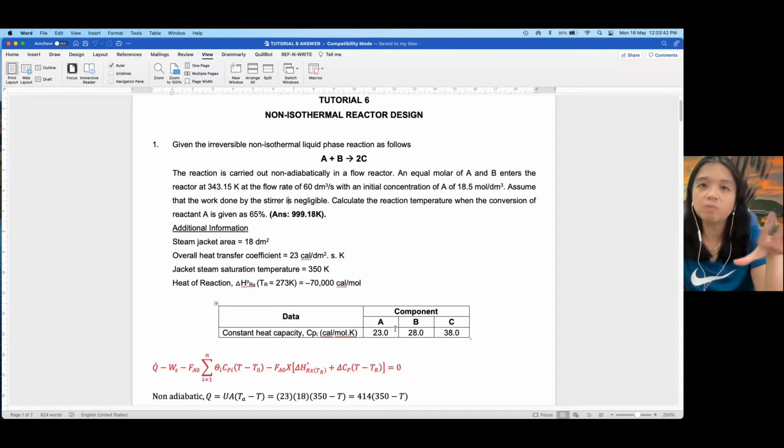You can use the energy balance equation, or vice versa. Let's say you know your reaction temperature and you would like to determine the conversion. So either I know X, I find T, or I know T, I find X.